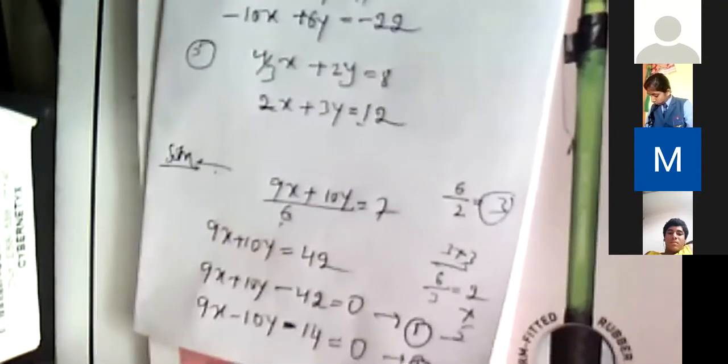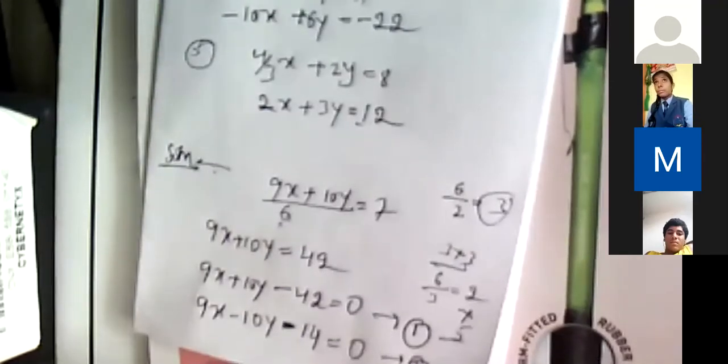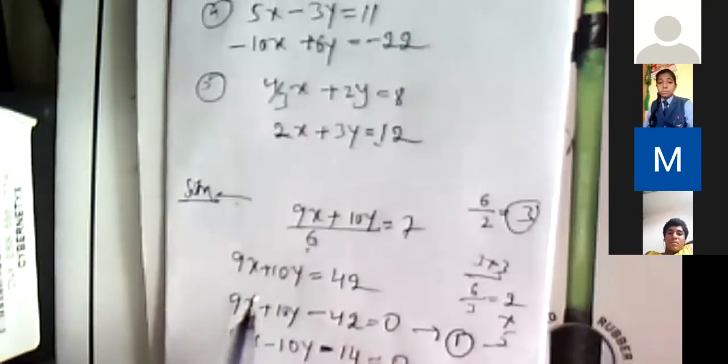Okay, compare. A1 is equal to 9, B1 is equal to 10, C1 is equal to minus 42. Correct? Okay. 6 is LCM. Yes. 9x, 10y.